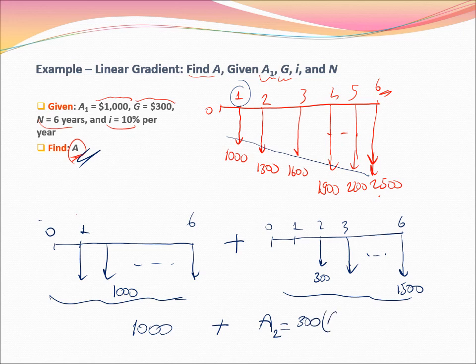I want to find A given this increase amount G with an interest rate of 10% and number of periods 6. So when you use this factor, multiply it by 300, you will find the equal payment series for the second part, and when you add it to 1000, you will find the uniform payment series.